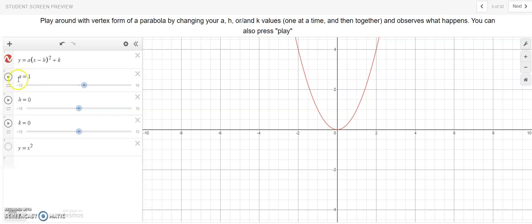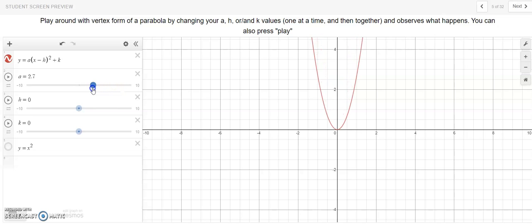All right, let's play with the A. Right now, the A is 1. We're going to make it larger than 1 and smaller than 1. So first I'll just make it higher than 1. As I get higher and higher from 1, it gets skinnier.